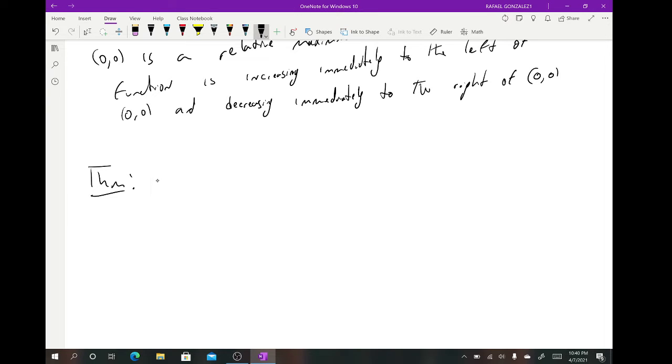This theorem will be definitely on your final exam. All right, so theorem. This is called the first derivative test. So if you need to look it up someday, remember that there is a so-called first derivative test.